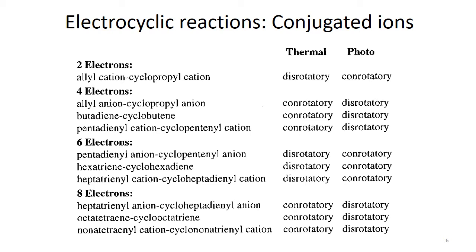So these are the general categorizations, but it is difficult to understand if we just focus on each and every cation or anion. You just have to count the number of pi electron pairs or the number of pi electrons.